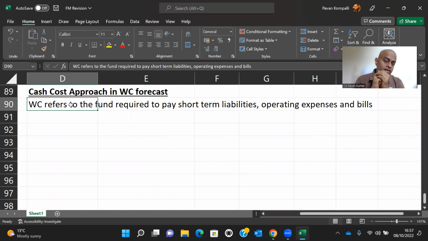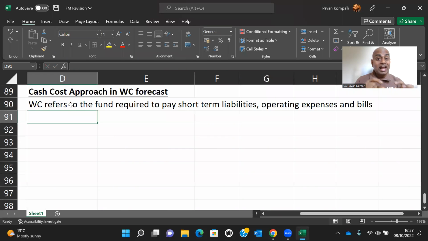That means you need to exclude two things from here. One is non-cash expenses.